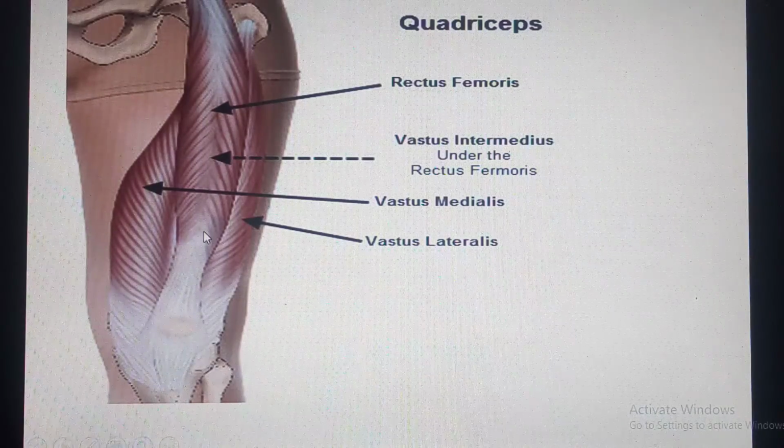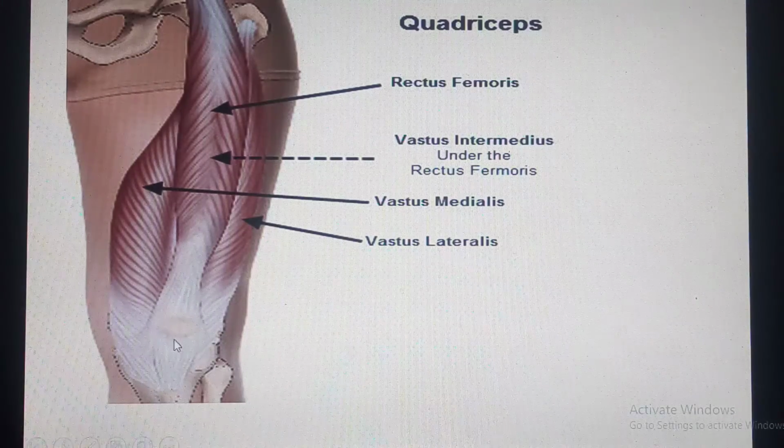Yes, and of course I told you there will be a quadriceps tendon which will connect to the patella, a sesamoid bone, to help increase mechanical advantage and minimize stress on the knee.